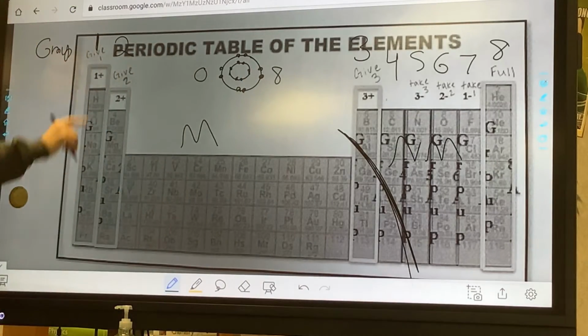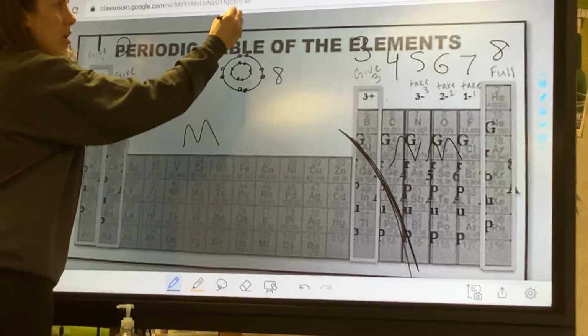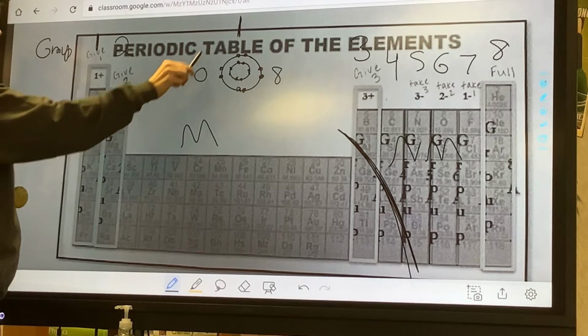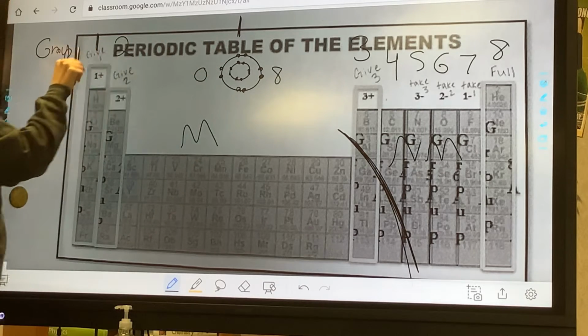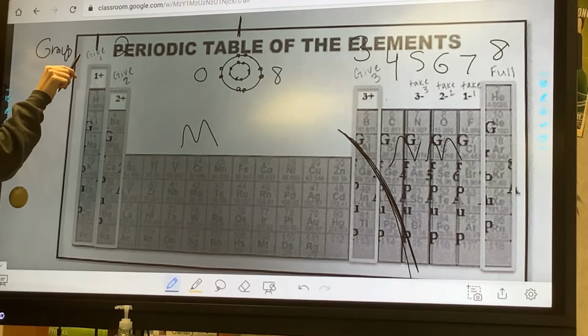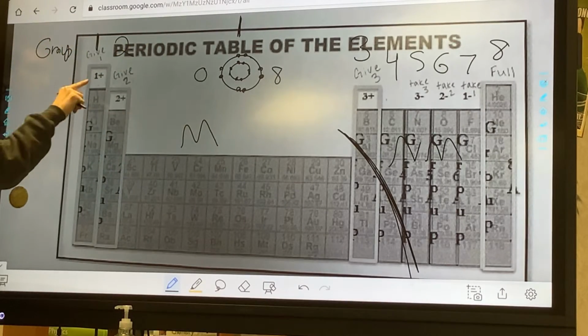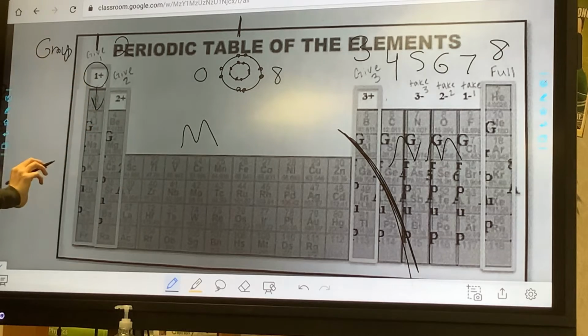So we want either 0 or 8. Okay, so group 1. If you have a valence electron number of 1, is it easier to lose 1 to get to 0 or gain 7 to get to 8? Lose 1. So when you lose 1, do you become more positive or negative? You're going to lose an electron. More positive. So that's why everybody from this group has a positive 1 denomination when ionically bonded.